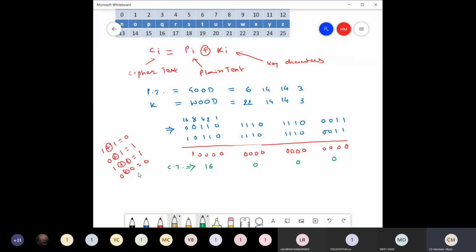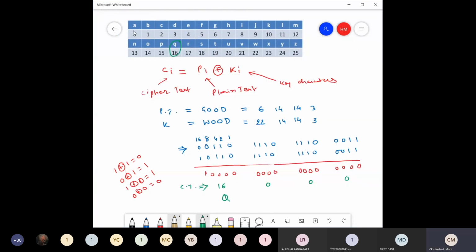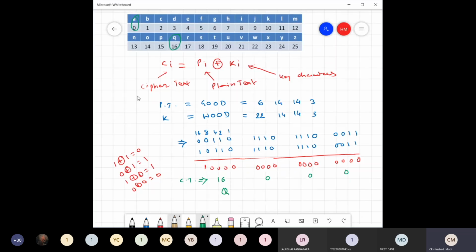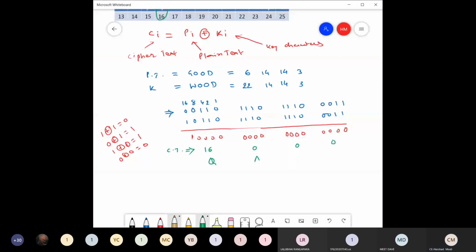Now see what 16 is. 16 means Q. So ultimately what we'll get: Q, then 0 means A, A, and A. This is our final ciphertext using the Vernam cipher.